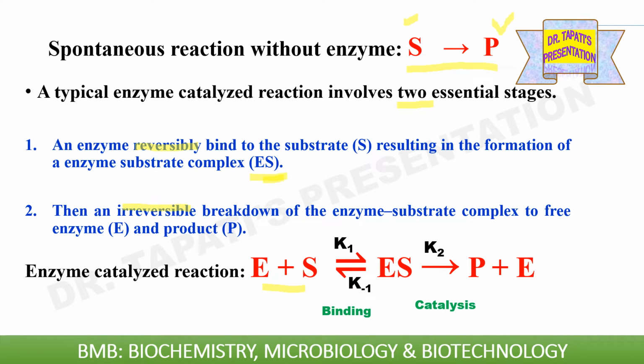The first step is associated with a binding process, where substrate and enzyme binding occurs, and the second step is product formation and release of free enzyme. Actual catalysis occurs in this step and it is an irreversible process.